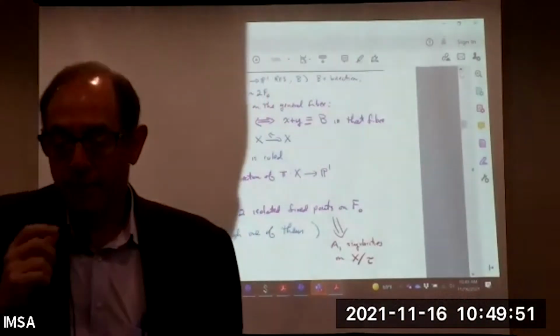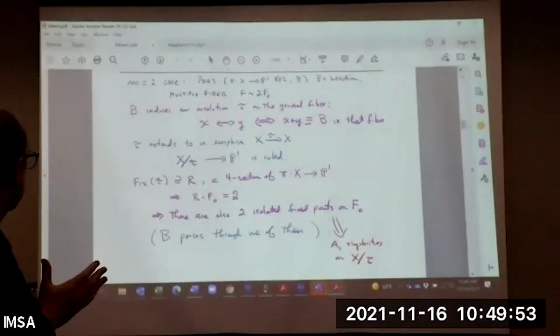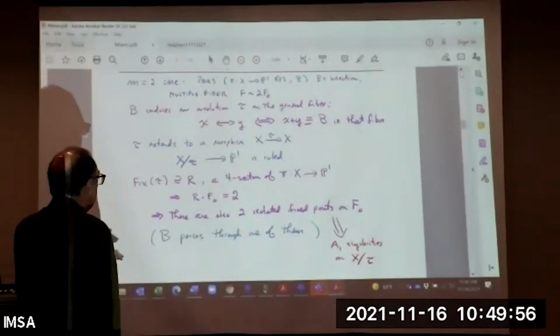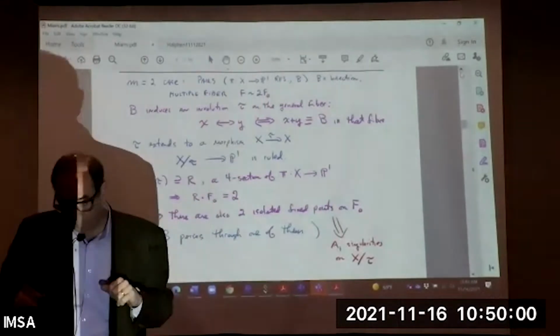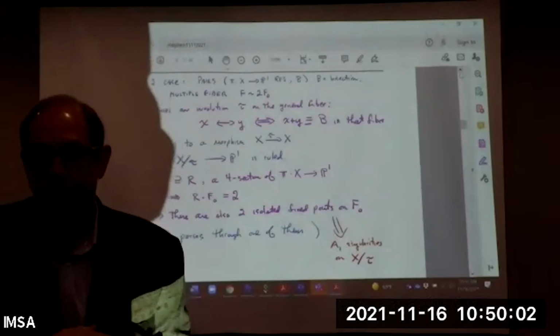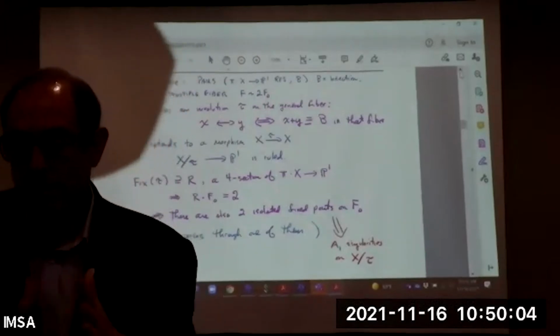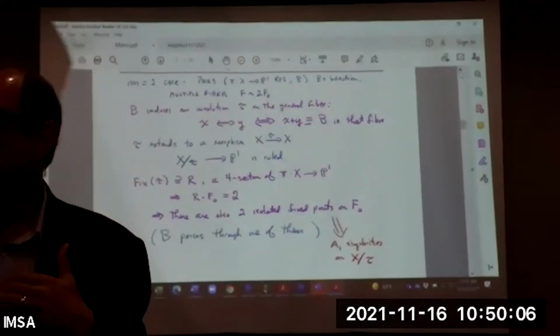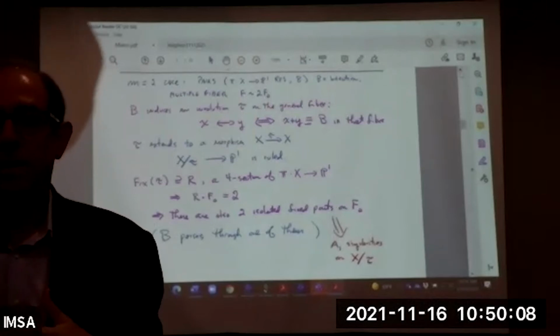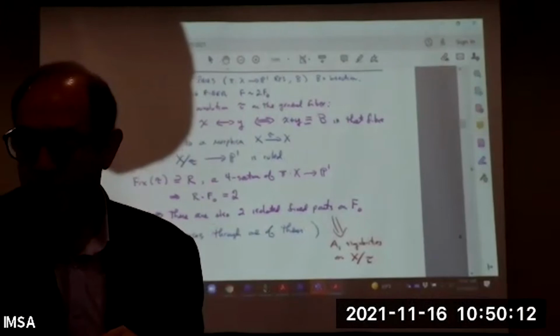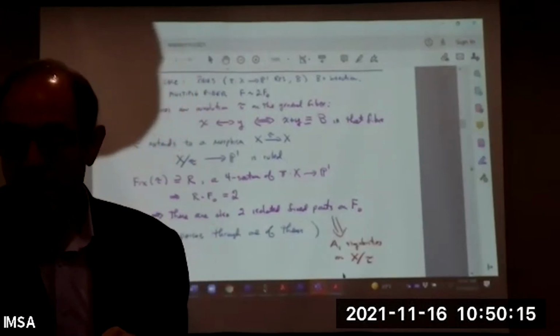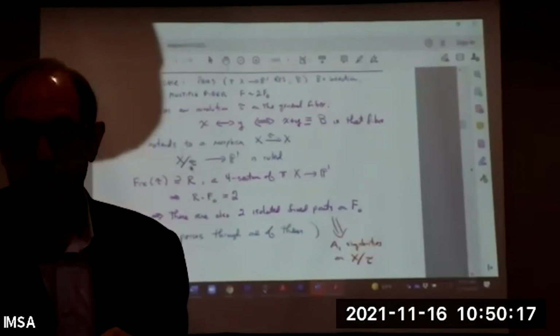And so you have a foursection. That foursection, of course, meets the double cubic only twice. It turns out that therefore there are 2 isolated fixed points on the cubic that come additionally, and B passes through one of them. Those isolated fixed points give singularities of this ruled surface here.